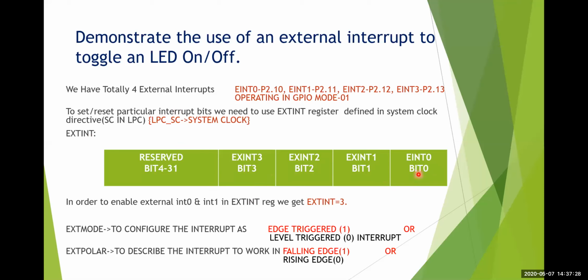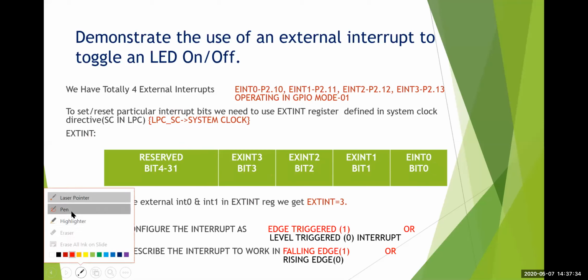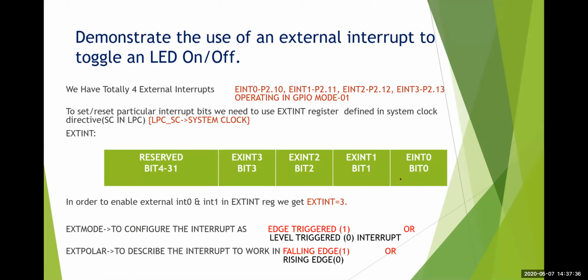If I make this particular bit 1, then external interrupt 0 will be enabled. By default, the value will be 0. If I make this bit 1, then external interrupt 1 will be enabled.